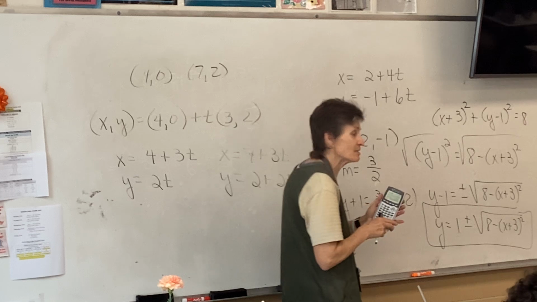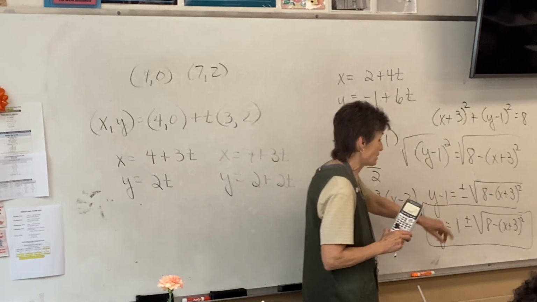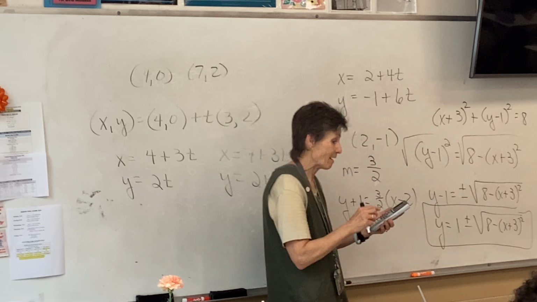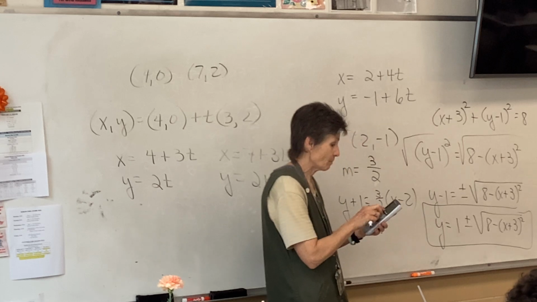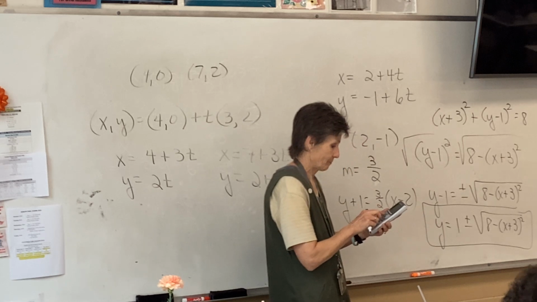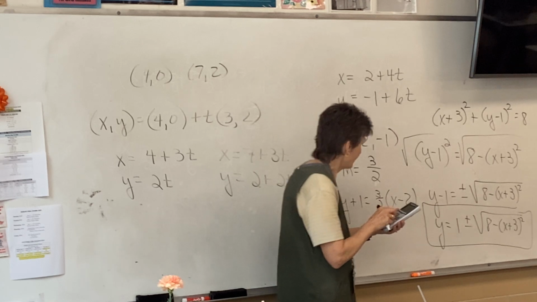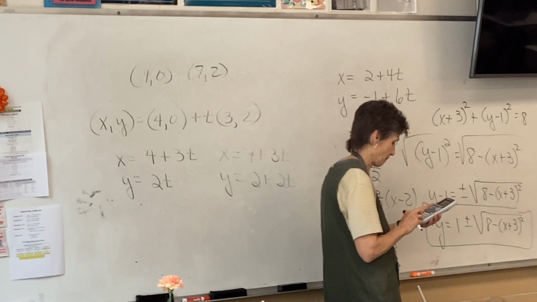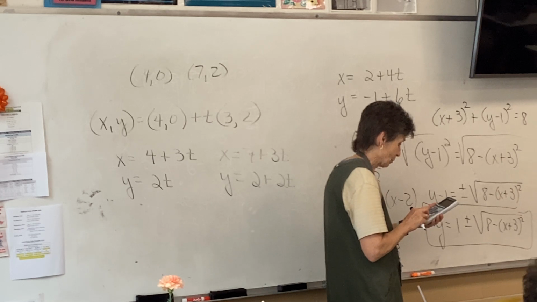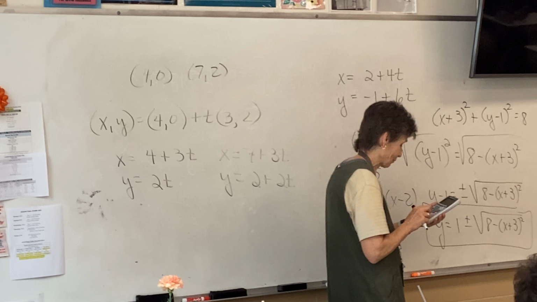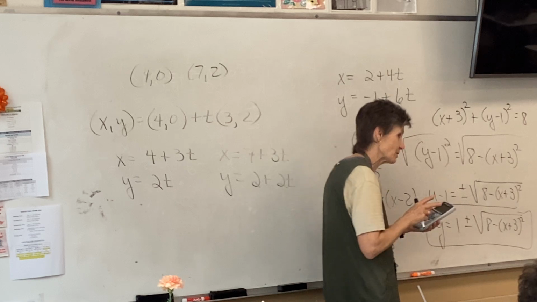All right, now these are separate equations, one plus and one minus. Let's put them into our calculator, graph them, and see what they look like. You don't type in the plus or minus part, it's two separate equations.